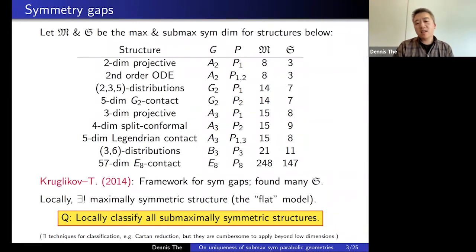I illustrated it in low dimensions, and it's a general method, so in principle it will apply. But the fact is, it's very, very cumbersome to apply beyond low dimensions. So part of this story is how do you efficiently classify homogeneous geometric structures.